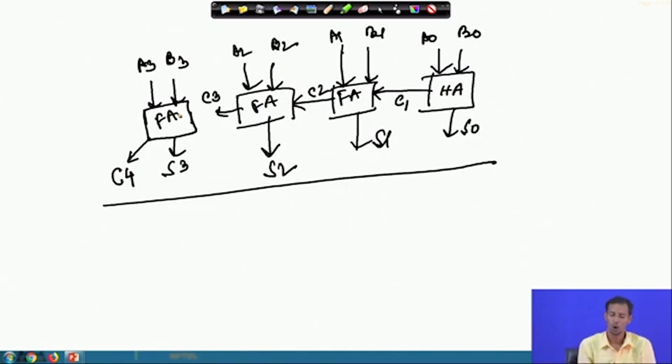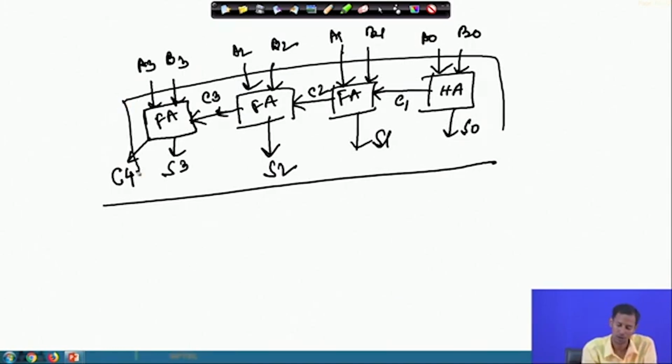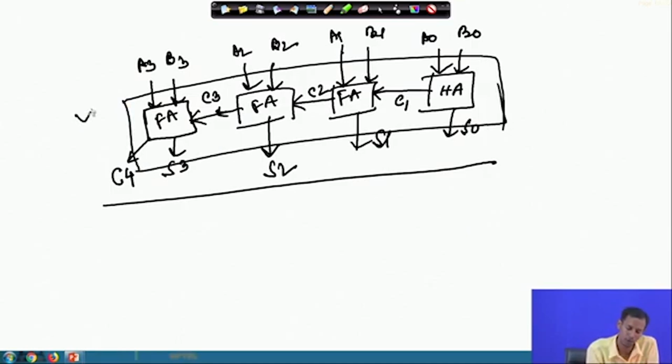Okay. So, if this is my total 4 bit adder circuit, what will be the operating frequency of this particular circuit? To find out the operating frequency, I need to calculate the corresponding critical path. So, what is the critical path?